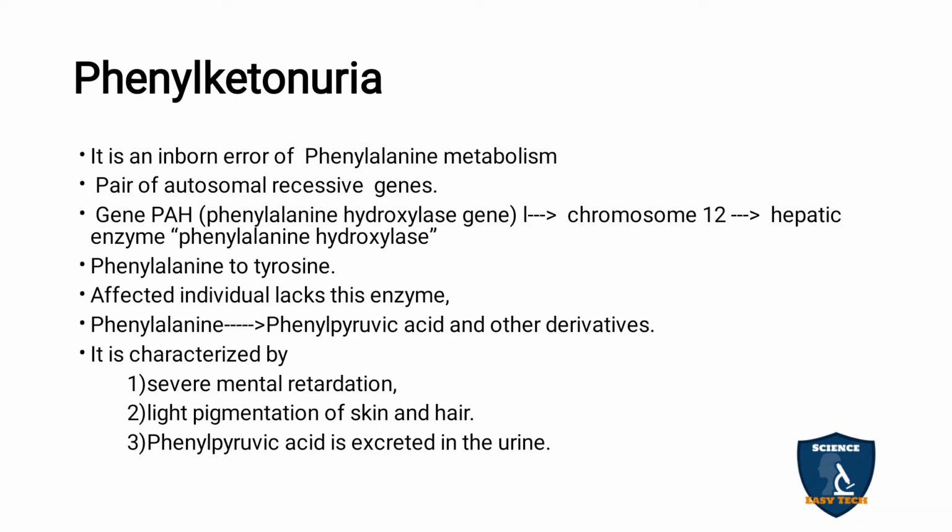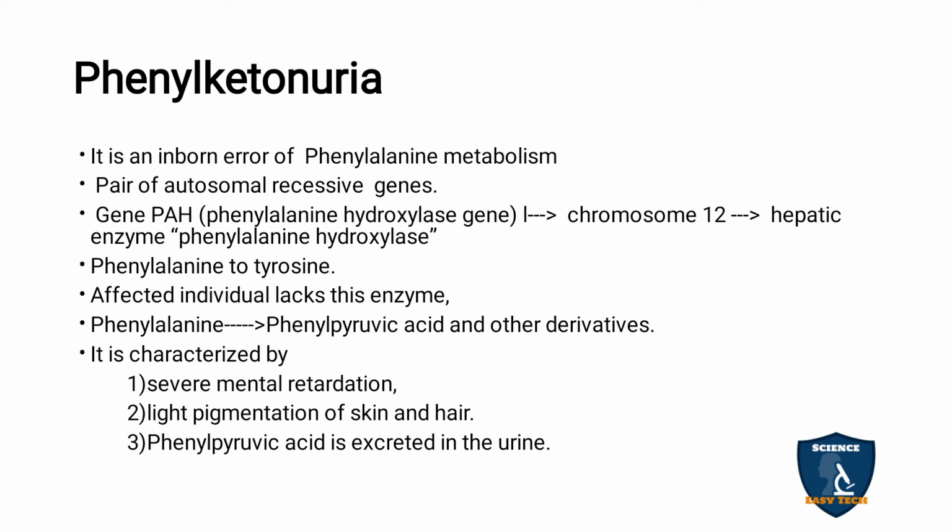If they ask the question on phenylketonuria, you have to write these points: it is an inborn error of phenylalanine metabolism. It is an autosomal recessive gene, that is on the body chromosome, a pair of autosomal recessive genes. And the gene PAH, phenylalanine hydroxylase gene, is located on chromosome 12, and it is the hepatic enzyme.